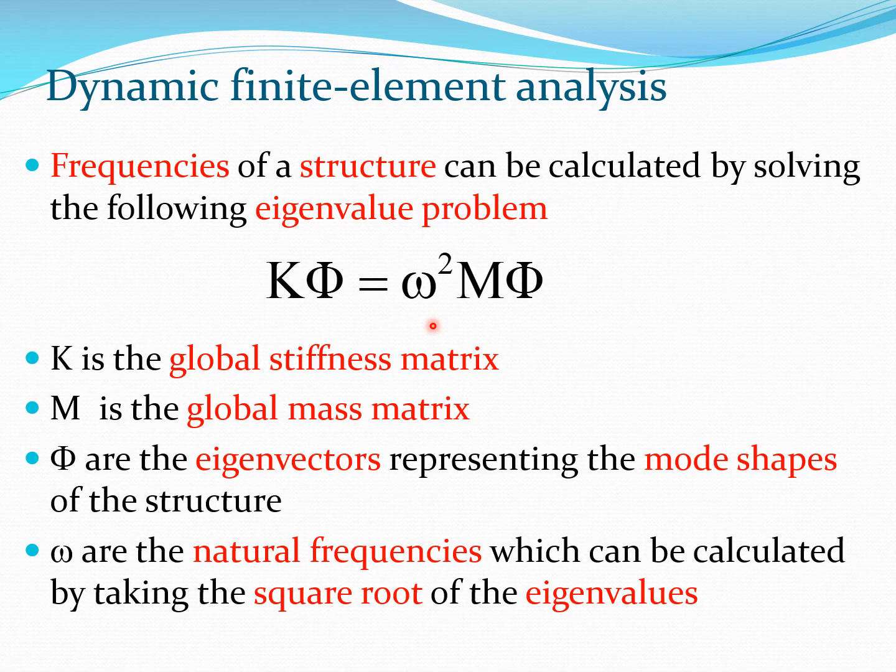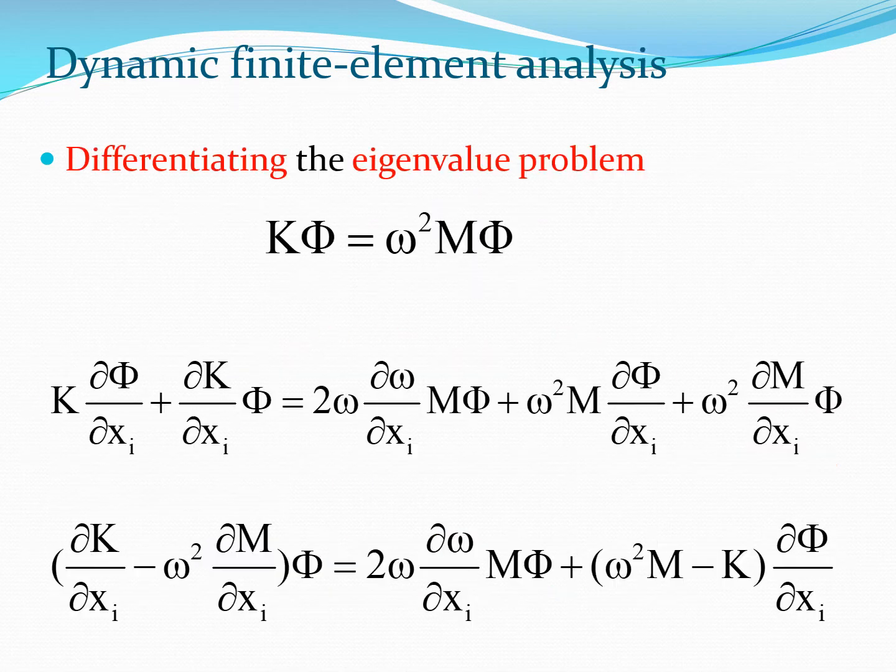So in many situations we need to know the derivatives of these frequencies, so we are going to try to find that out. Now if you are going to find that out using finite difference method, you would essentially have to solve this problem by perturbing each design variable and doing this problem, and if the size of the problem is large, that may be computationally expensive.